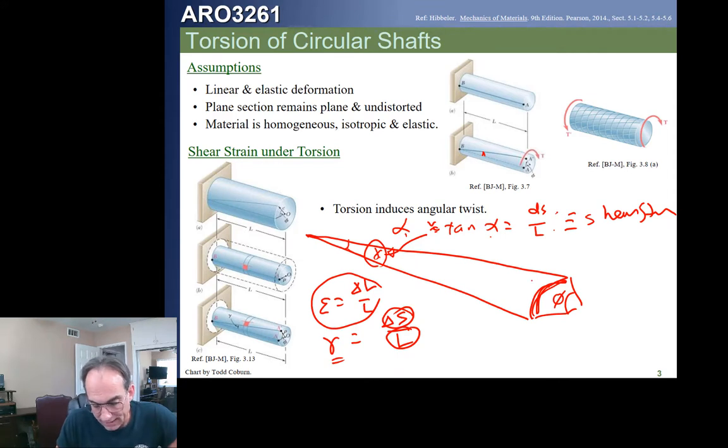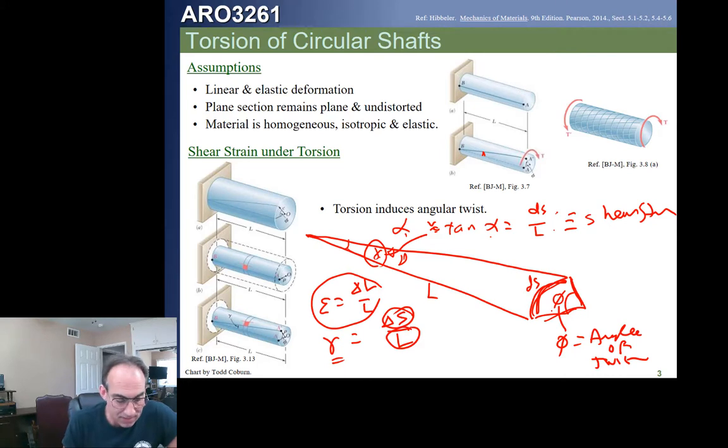So basically it's this little ds over L. Now this over here, this phi, is actually the angle of twist of the shaft. So when we talk about gamma, or the shear strain, we just need this little angle here. When we talk about angle of twist, we need this angle looking at the end of the thing.